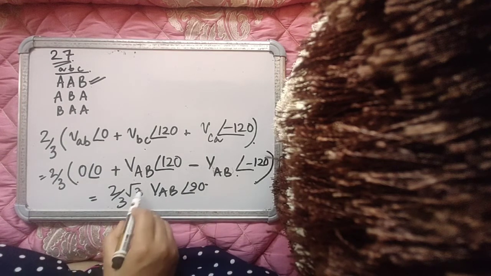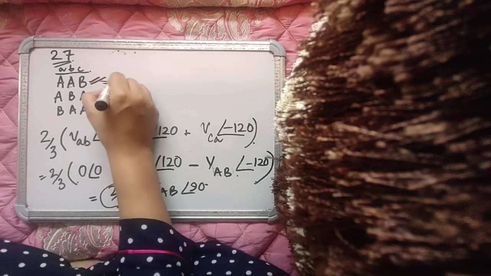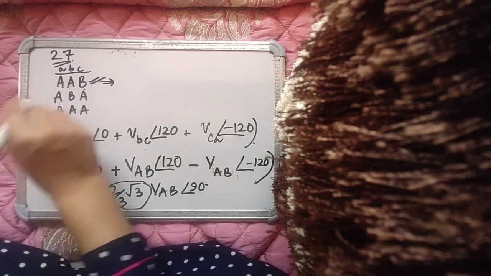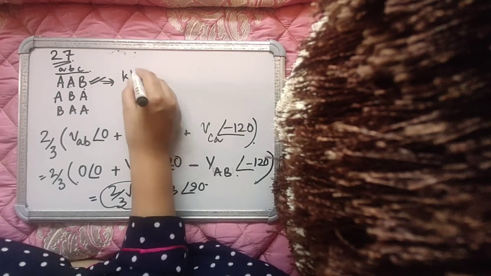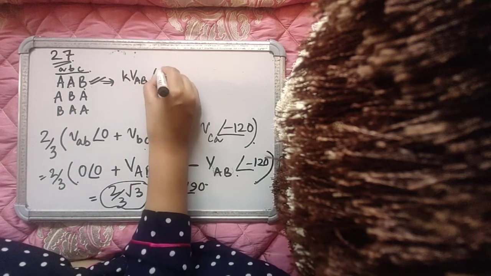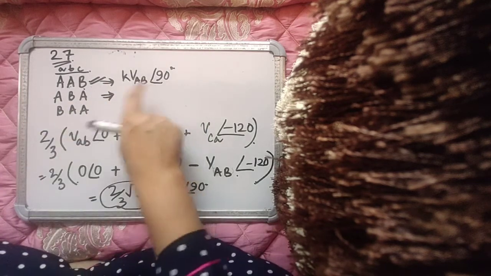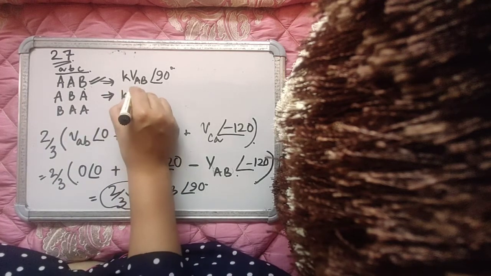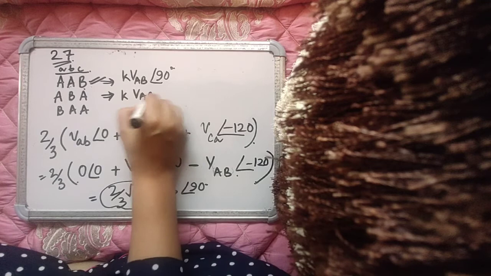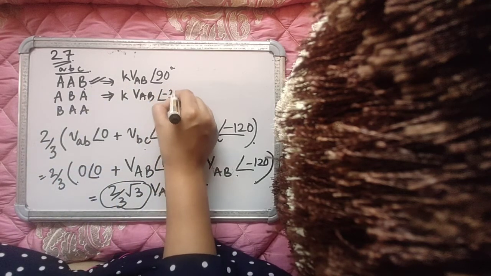So assuming that this is some constant, let's call it K, the space vector corresponding to this switching state is K times the input voltage VAB at an angle of 90 degrees. Similarly, I can find the space vector for this particular state, and it turns out to be K times again VAB, because you're only using A and B vectors, at an angle of minus 30 degrees.